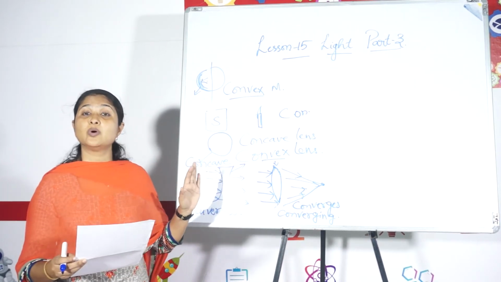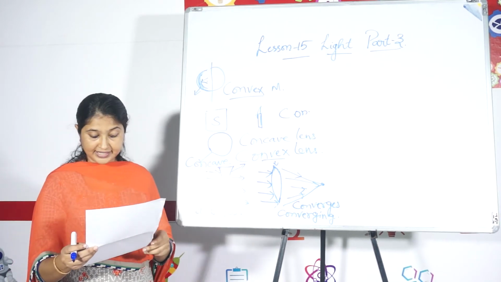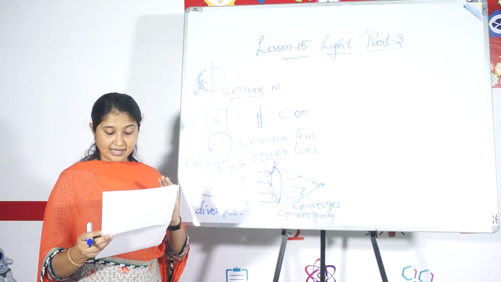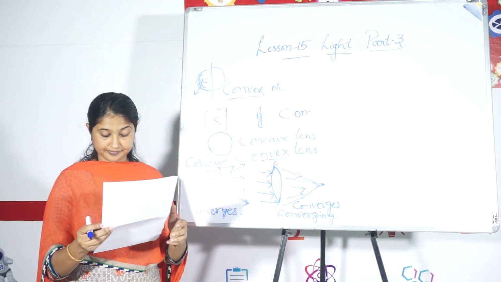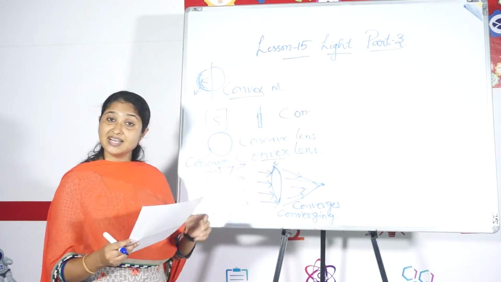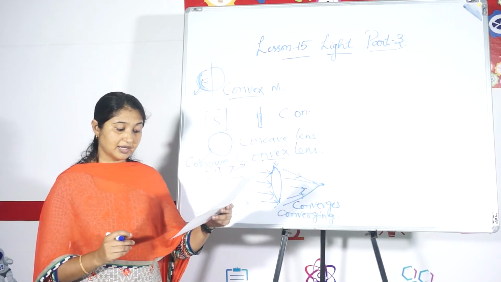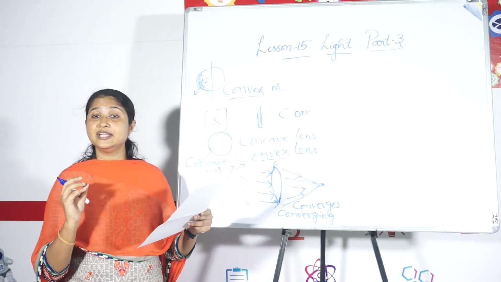So then what will be the image formed by the concave lens? It is always erect, virtual and smaller in size than the object. Then in case of the convex lens, the image will be real and inverted.